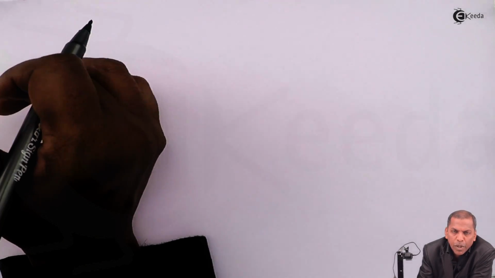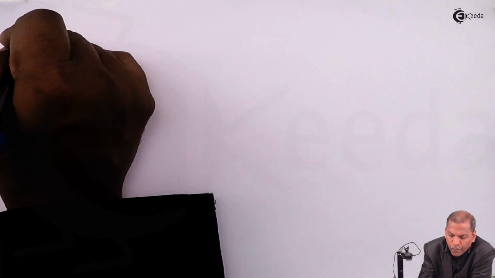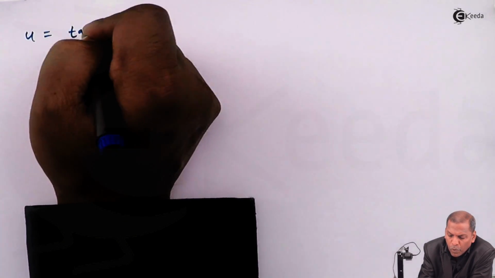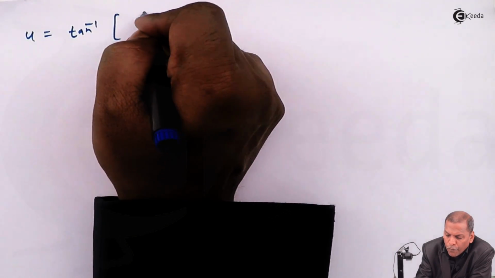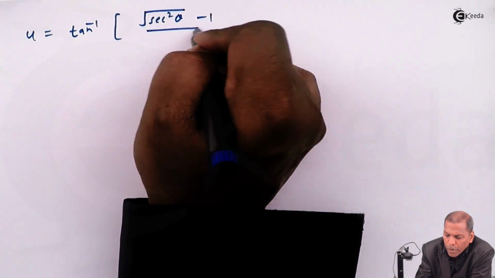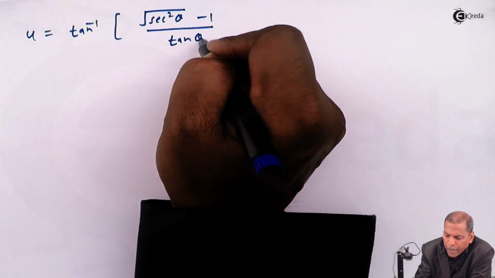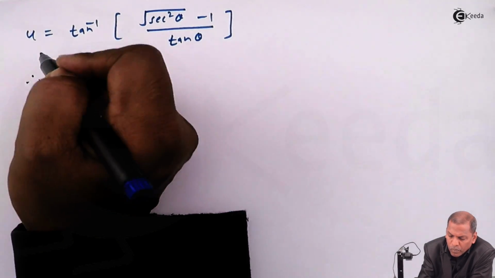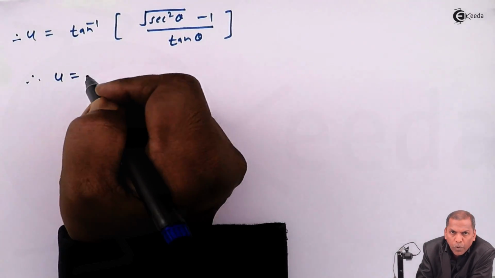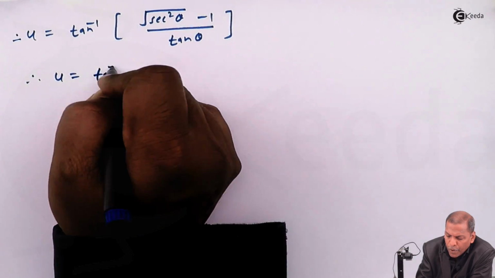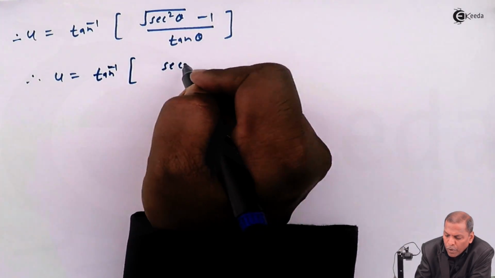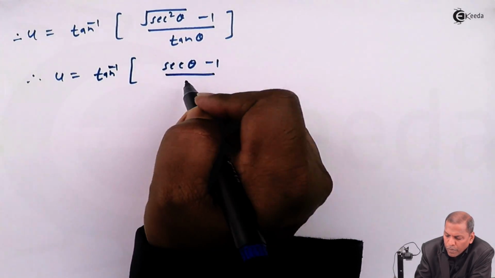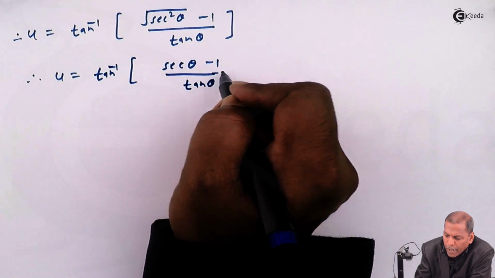Now 1 plus tan square theta is an identity which gives us sec square theta. So therefore u is equal to tan inverse of square root of sec square theta minus 1 upon tan theta. Now square and square root cancel, so we get only sec theta minus 1 upon tan theta.